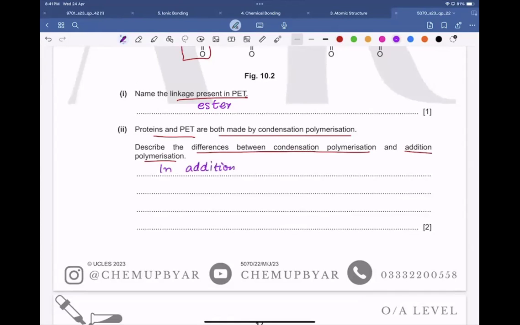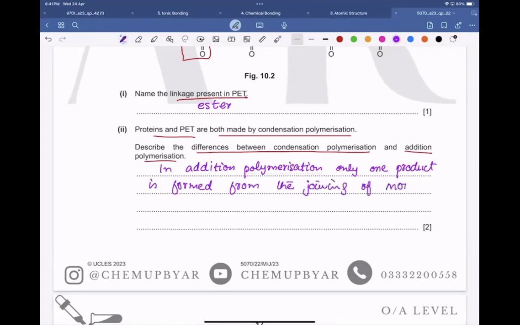In addition polymerization, only one product is formed from the joining of monomers. Okay.